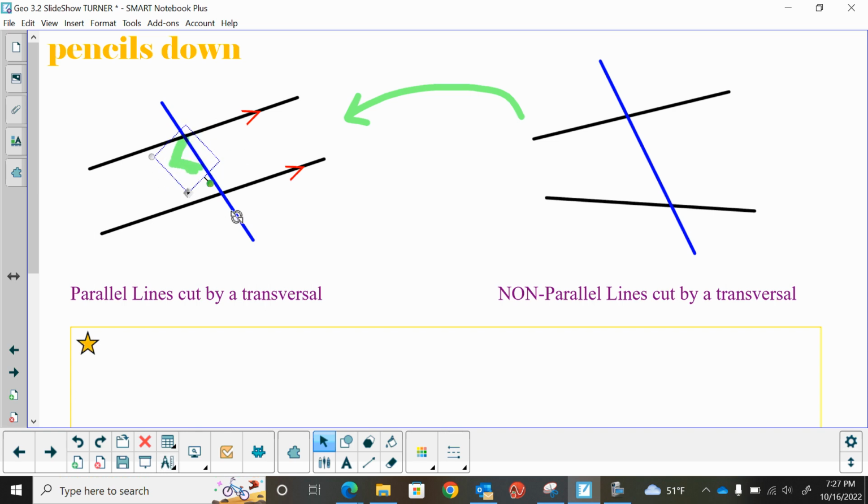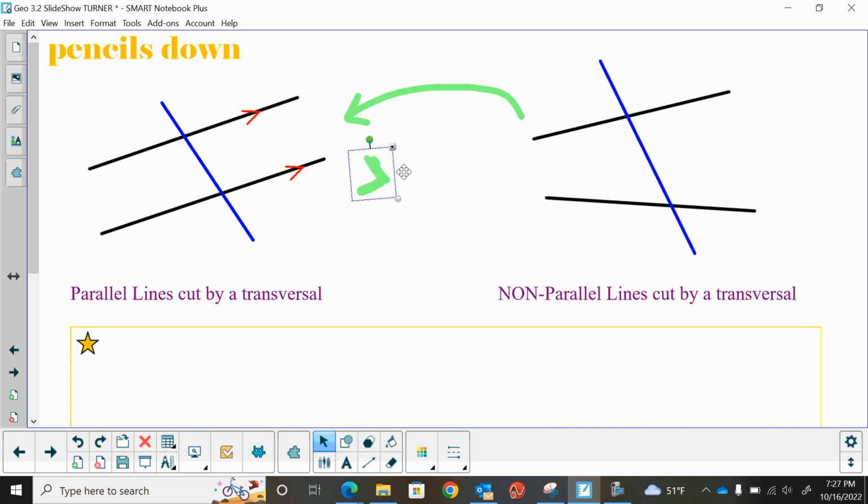There we go. If I move it up and rotate it around to get it to be the alternate interior, notice how, again, it's also going to fit. So this angle here, and then its alternate interior angle down here. They're exactly the same, okay?